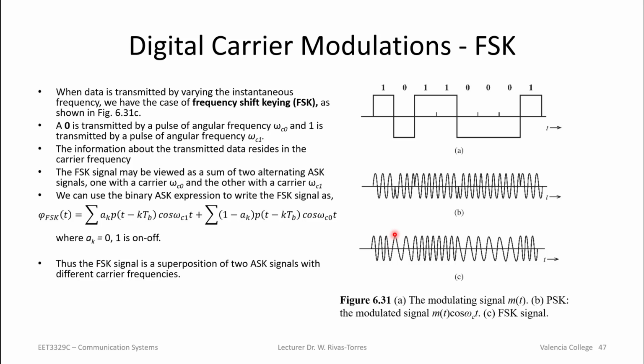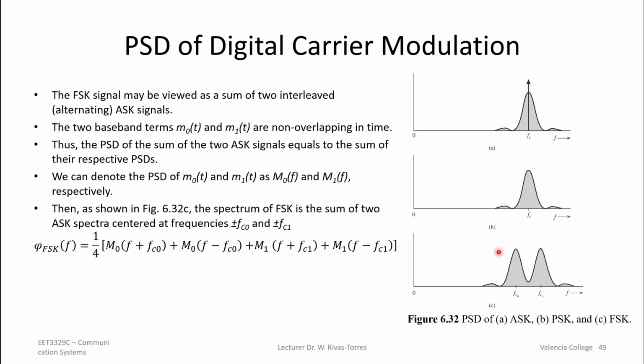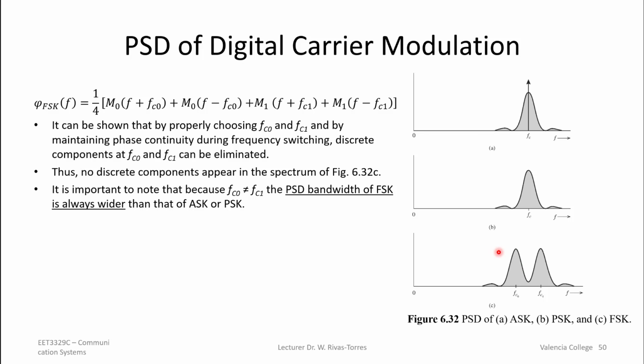If you see any discontinuity, or some kind of change like you do with PSK, this is a discontinuity in phase. If you eliminate that for the FSK, then we can show that there is no discrete component, i.e., you suppress the carrier, both FC0 and FC1.